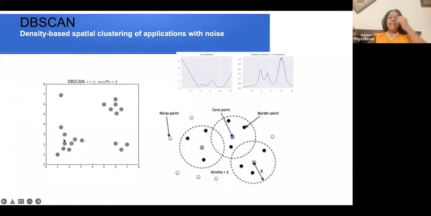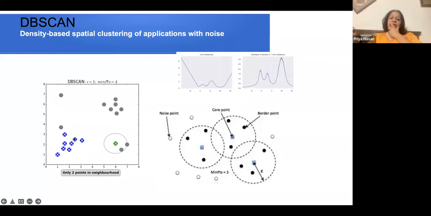Now, DBSCAN is a method which looks for spatial clustering using two basic parameters. One is epsilon. Epsilon is the region around a particular star, and you look for whether you have a minimum number of points, say 4 points, within that region.